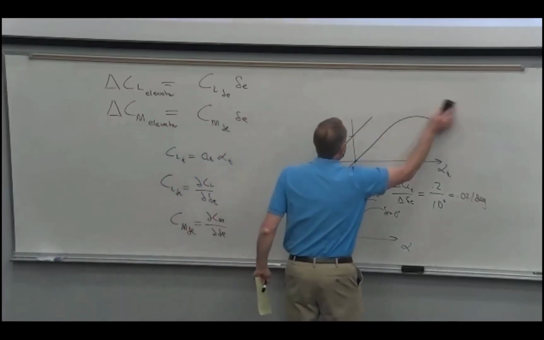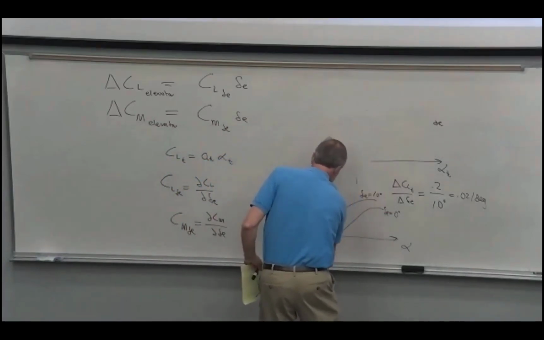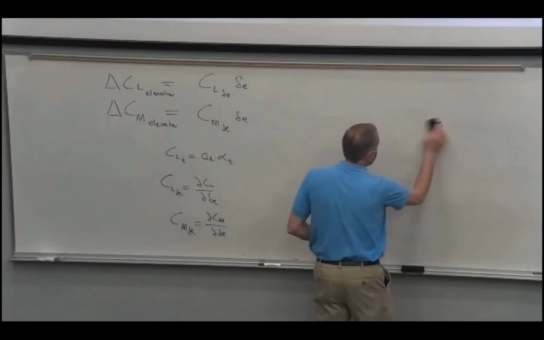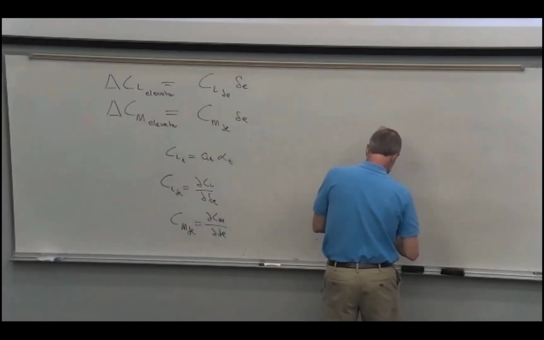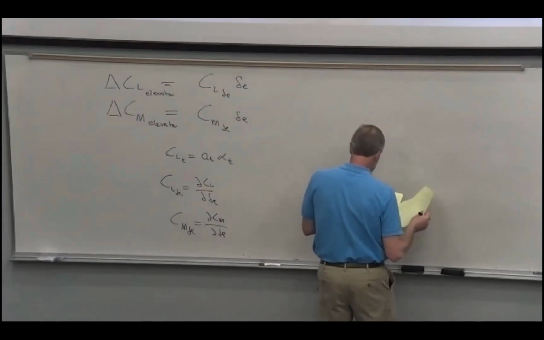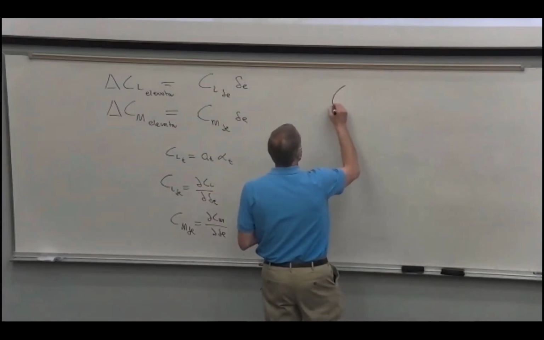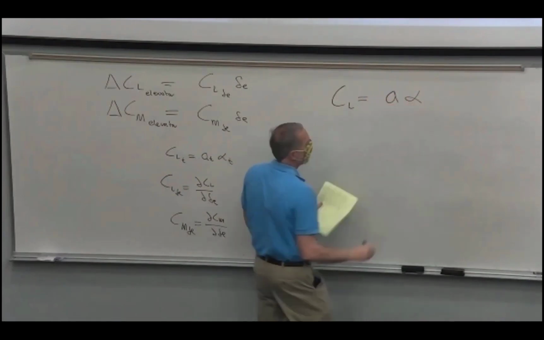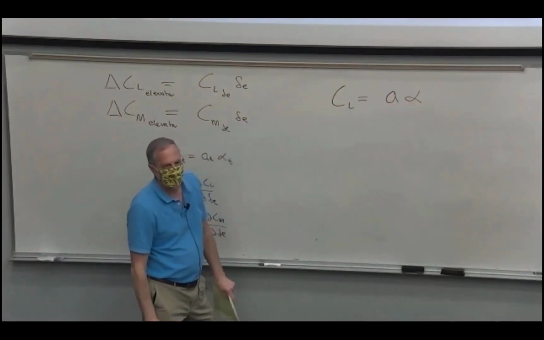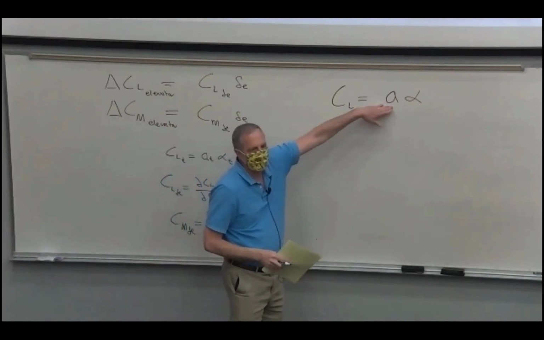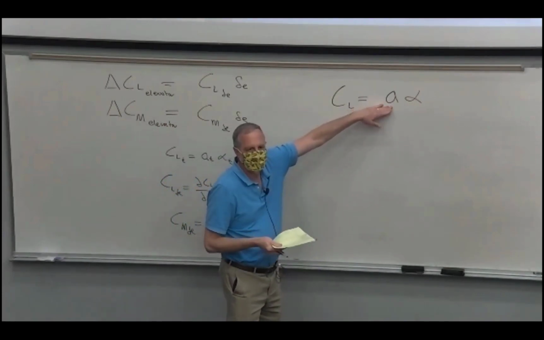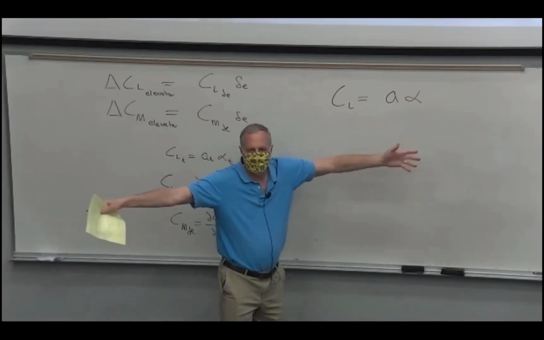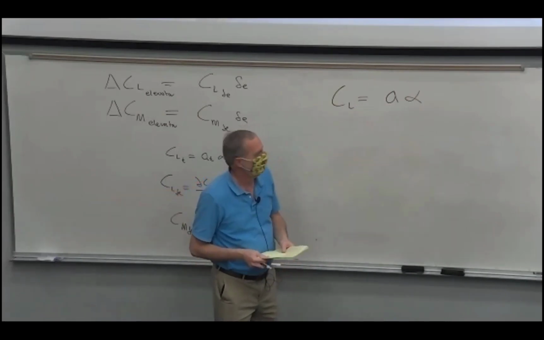And then what we end up with are our normal equations for lift and pitching moment. So our equation for lift is the total lift curve slope of the airplane times alpha. And there's a lot of work that goes into calculating that. You guys have seen that, because that is adding the lift of the wing plus the lift of the tail and then moving stuff around to make it look like that.